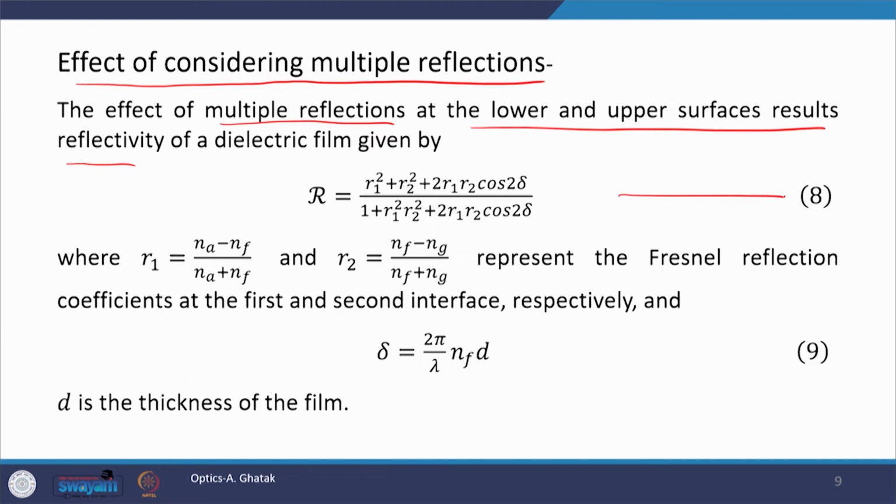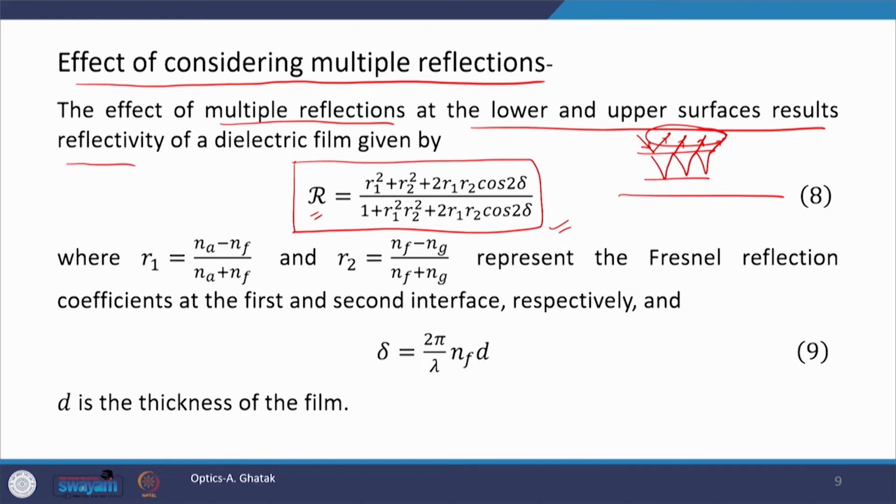If we take into account all the reflected rays, then the expression for reflectivity modifies, and the ultimate reflectivity turns out to be this. Here, as I said before, the ray is coming, it is getting reflected from here and then from here again, then from here again. If we take all these reflections into account, then the reflectivity of the dielectric film would be given by this expression.